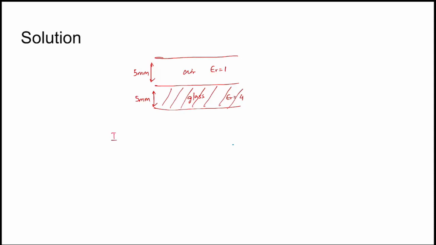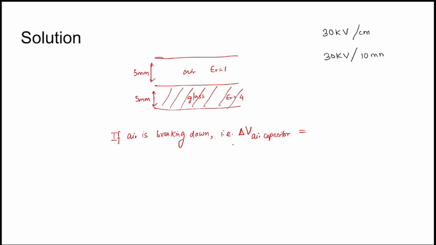Now if air is breaking down, that is, the breakdown voltage is reached, delta V for the air capacitor means 30 kV per 10 millimeter.